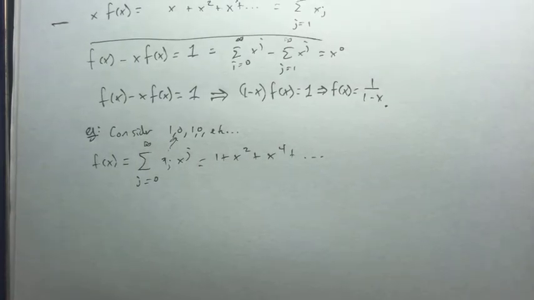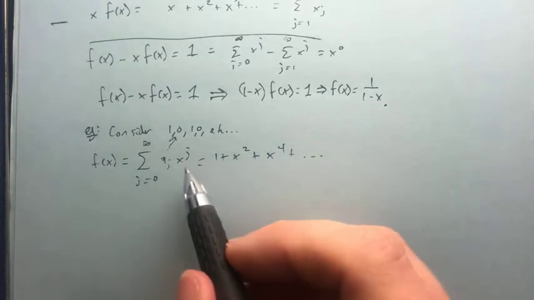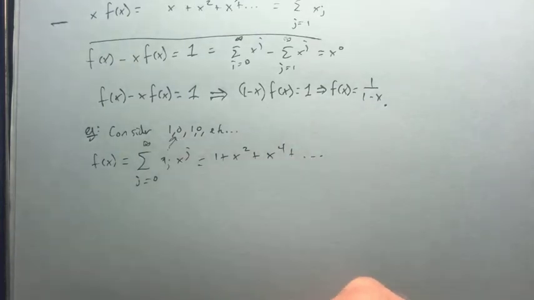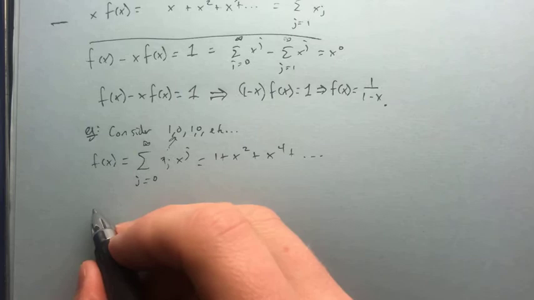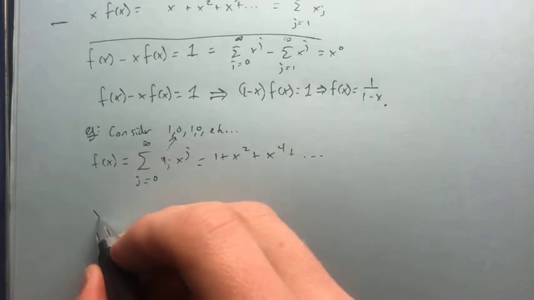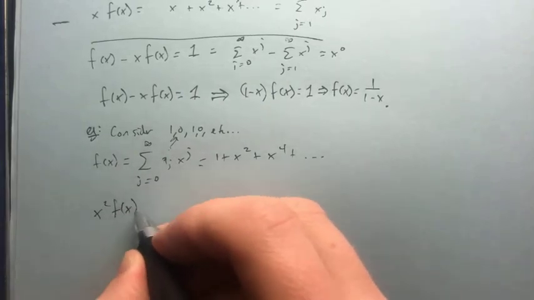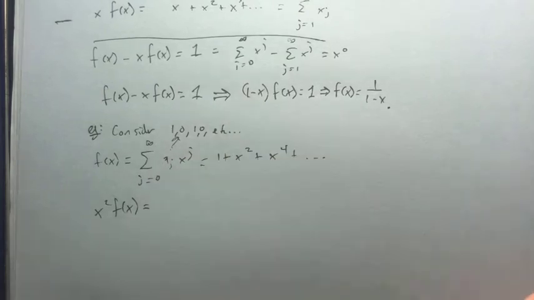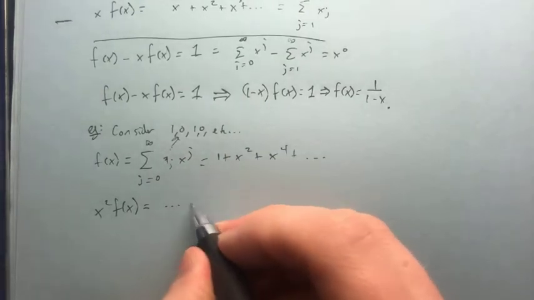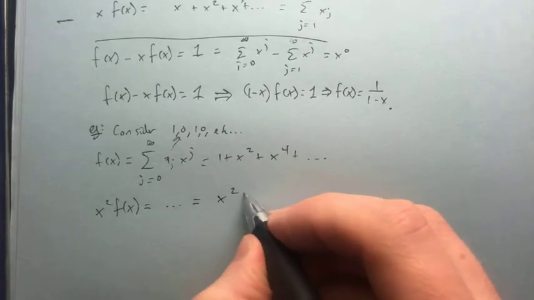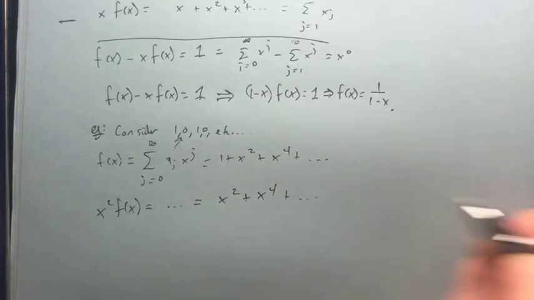So how do I do this? Well, again, what I can do is run the same trick, except with x squared instead of x. And so I want x squared times f of x to be whatever this formal sum is, x squared plus x to the fourth plus dot dot dot.